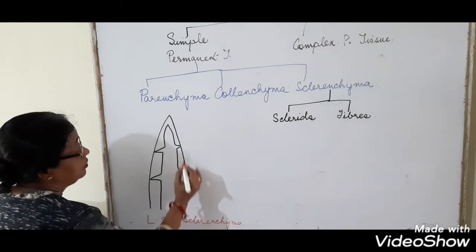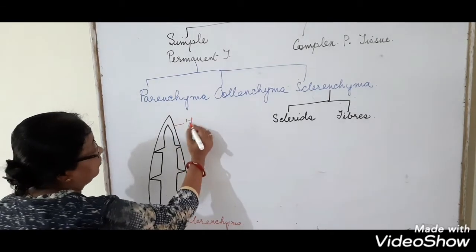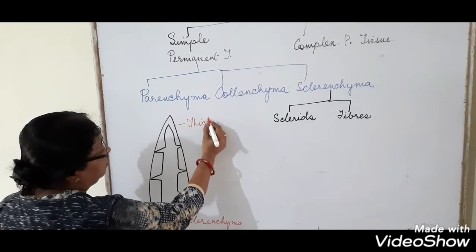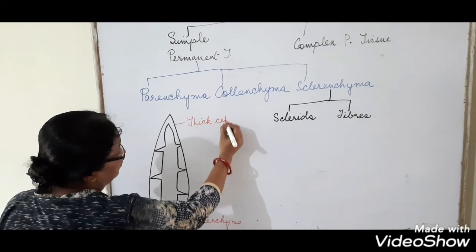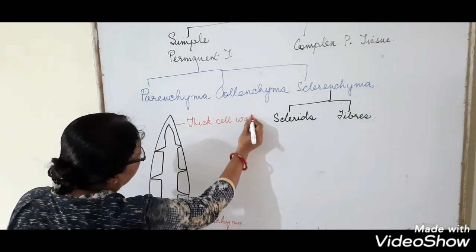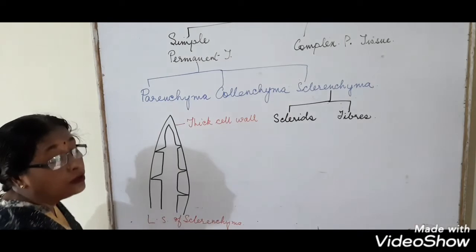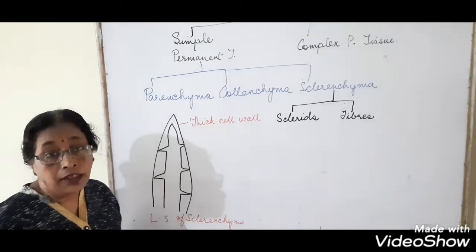This is the thick cell wall, which is made up of lignin. Since they are made up of dead cells, the cell wall is very hard and tough.